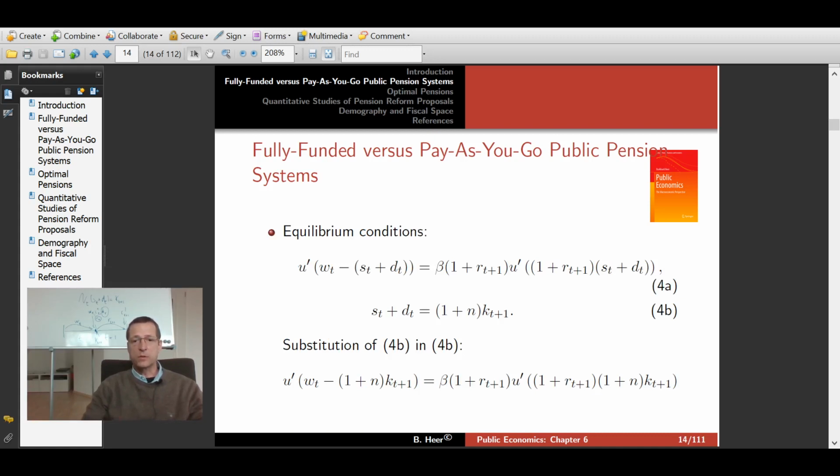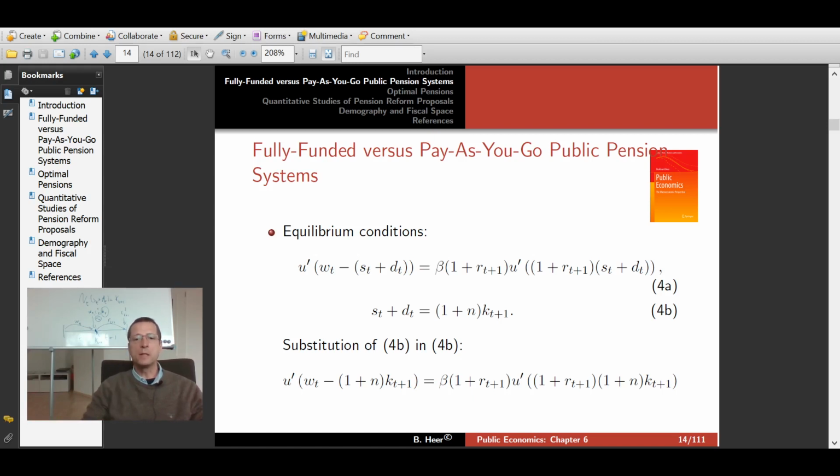So our capital stock is independent of D_t. We have an equation that just depends on the capital stock, and for the initial capital stock k_0, which is given, we can solve for all k_t with the help of this equation, and D_t is not a variable in this equation.